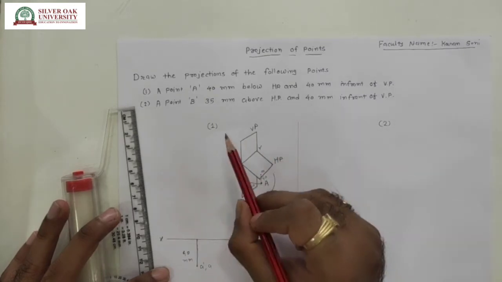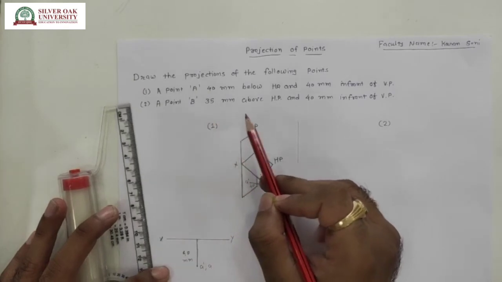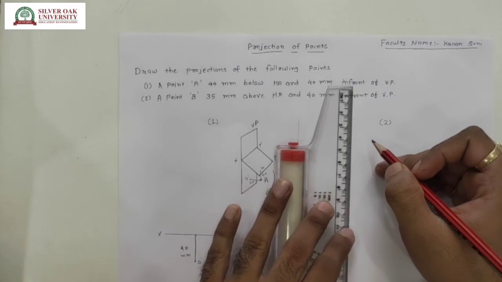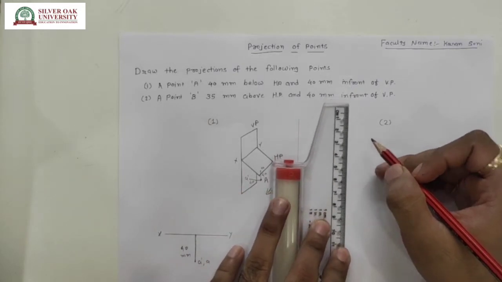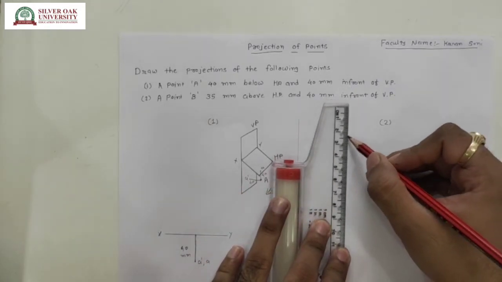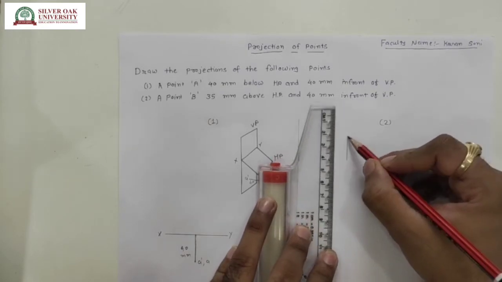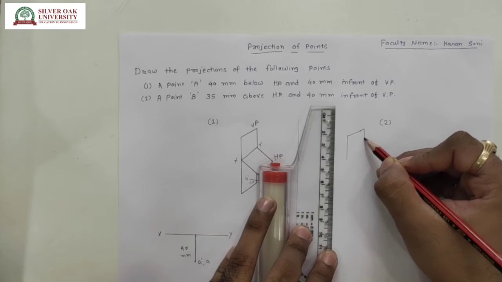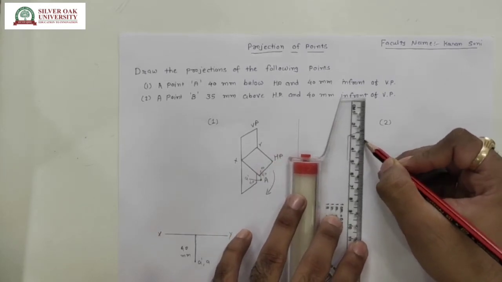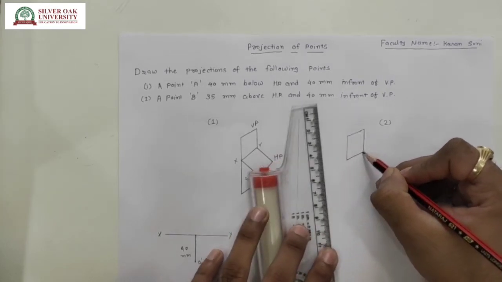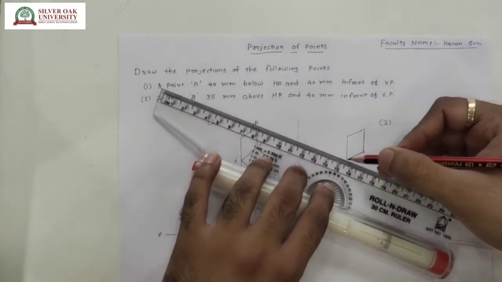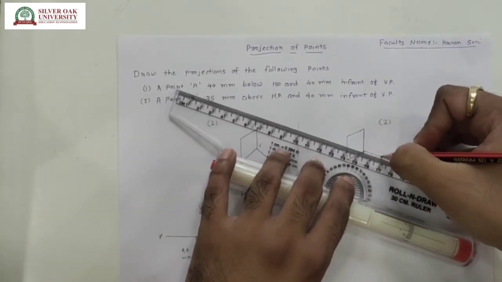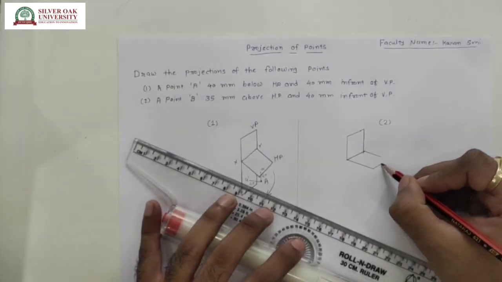Now let us see the second case. Point B is 35 mm above HP and 40 mm in front of the VP. Here also we can draw the first quadrant because it is above HP. I am drawing only the first quadrant as a reference quadrant, and I am not measuring the actual dimensions here.